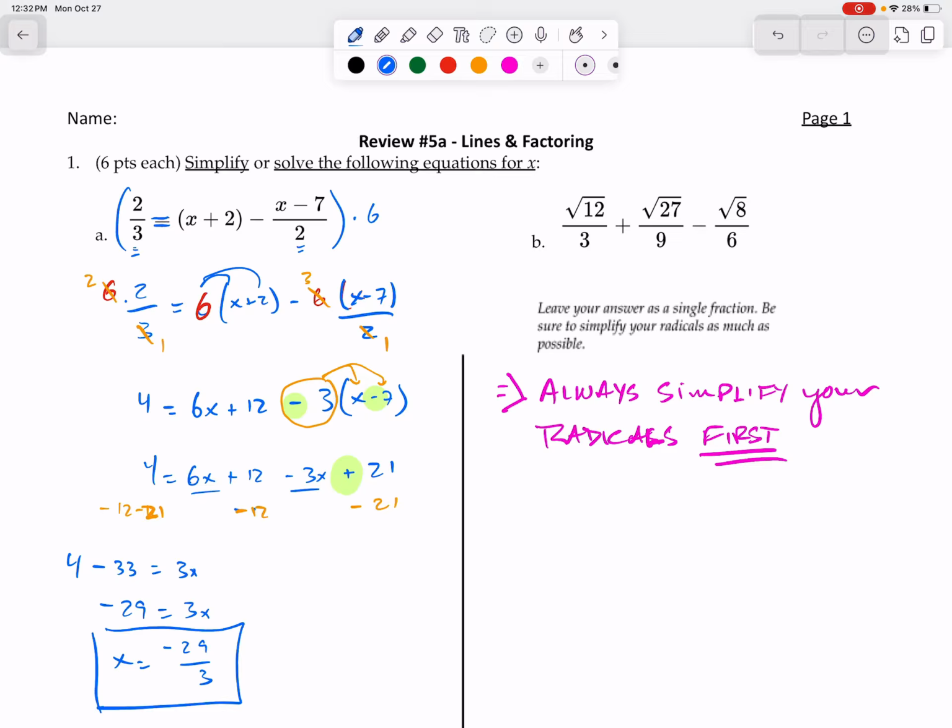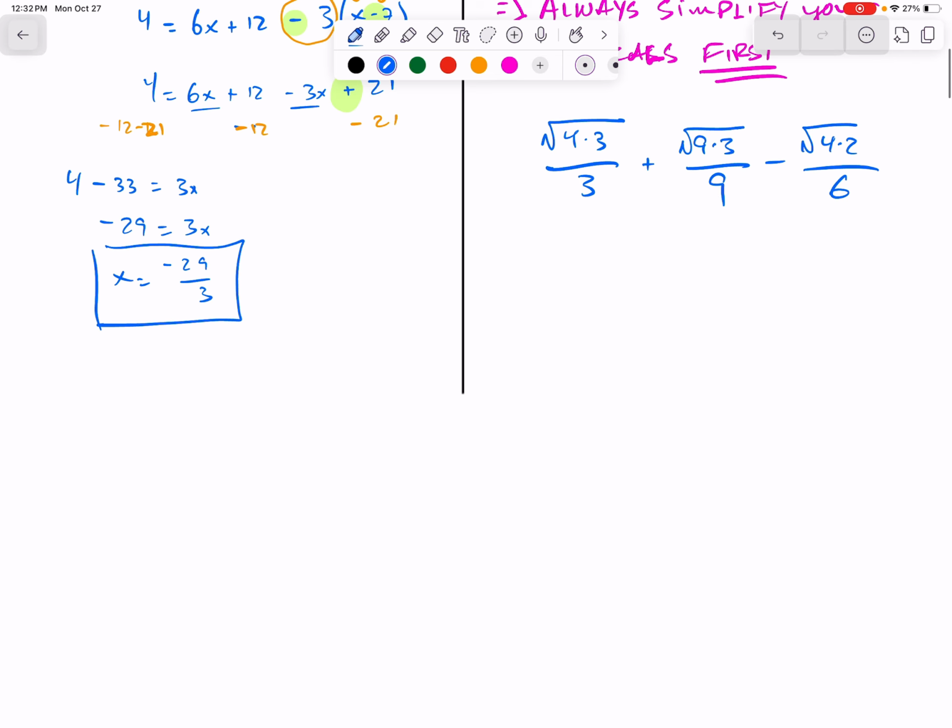So here we get square root of 4 times 3 over 3 plus square root of 9 times 3 over 9 minus square root of 4 times 2 over 6. So we're just going to take that slowly. So this is going to be square root of 4 times square root of 3 over 3.